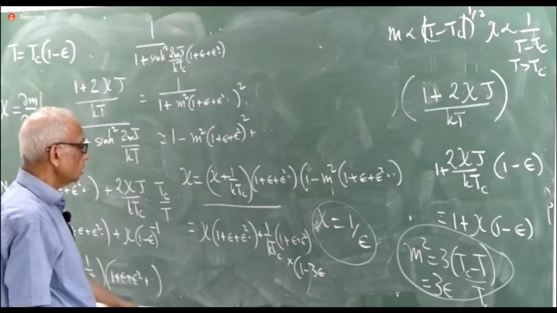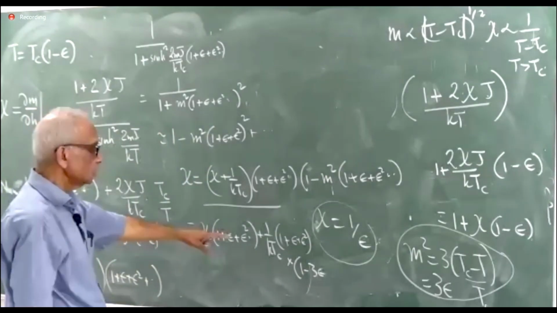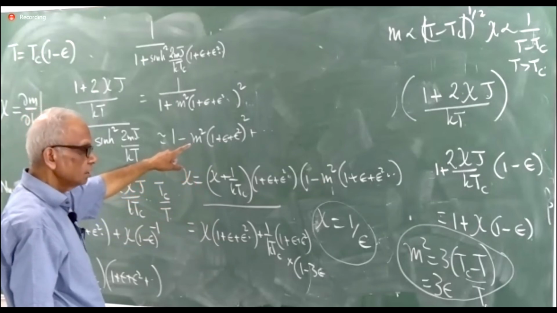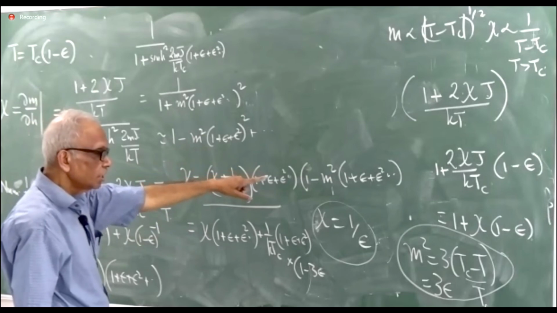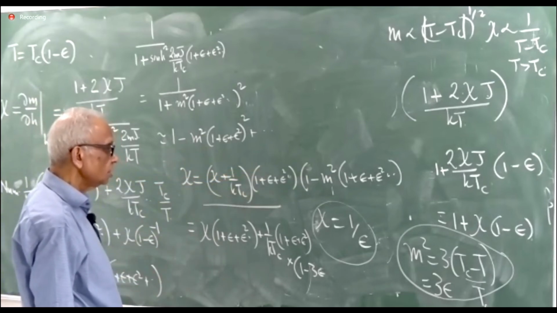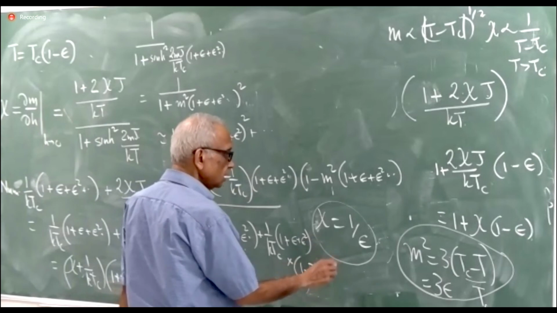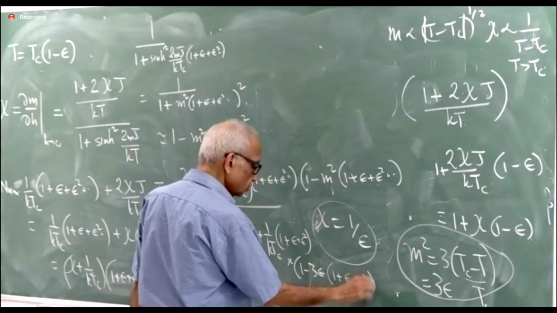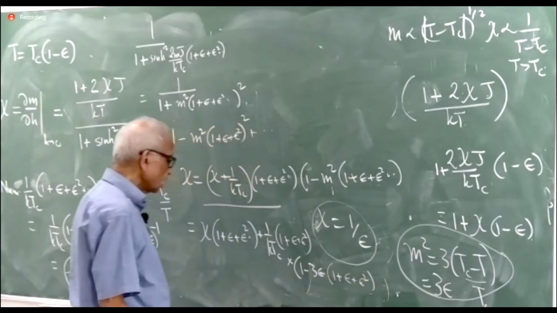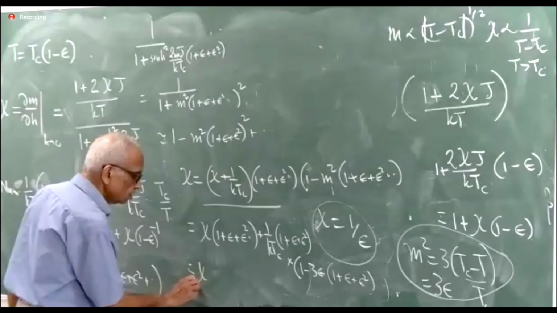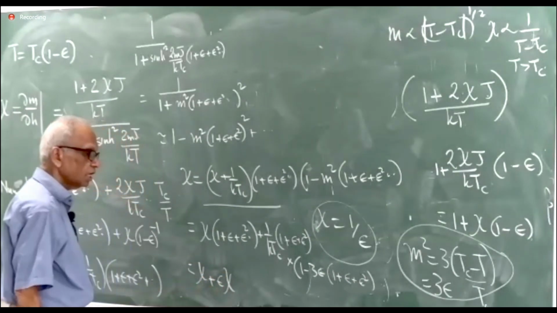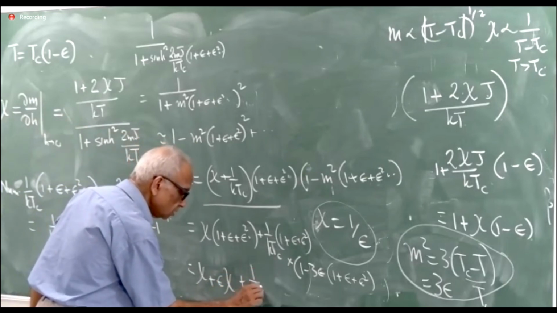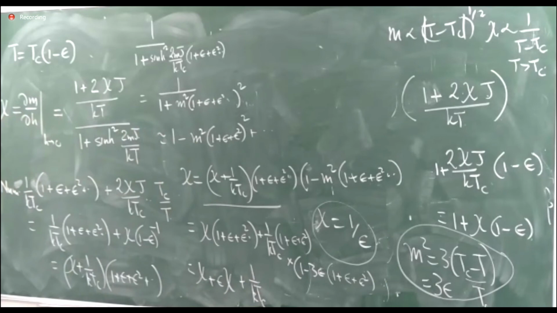Where am I? It is 1 plus KTC, and then I'm looking at the denominator, substituting for m square, which is 3 epsilon, and then again it is going to be 1 plus epsilon square and so on. So this is chi plus epsilon times chi plus 1 over KTC.